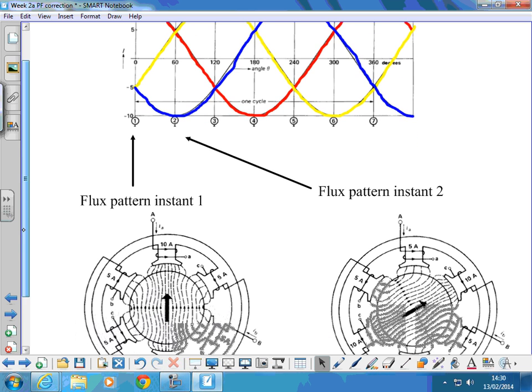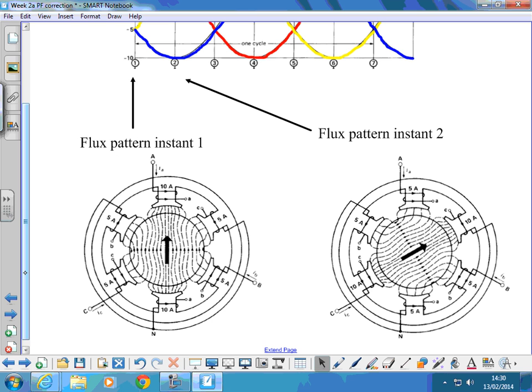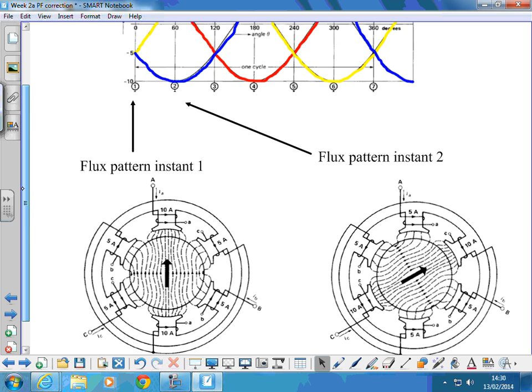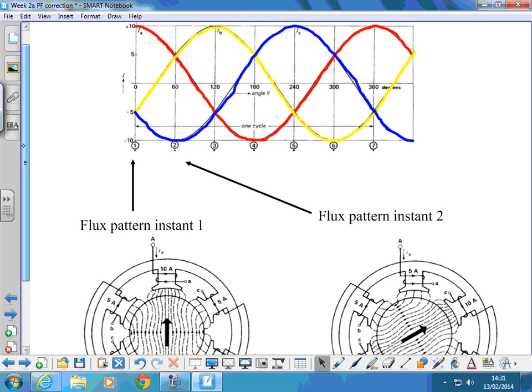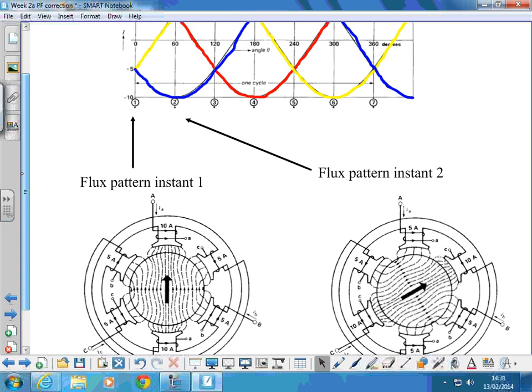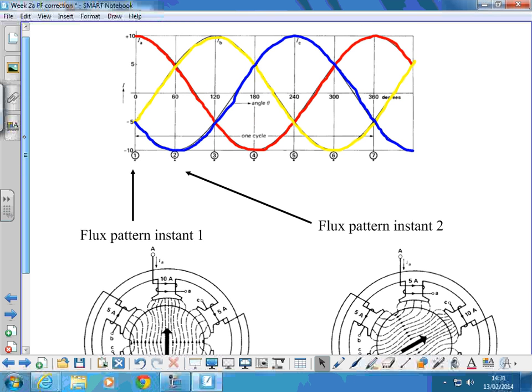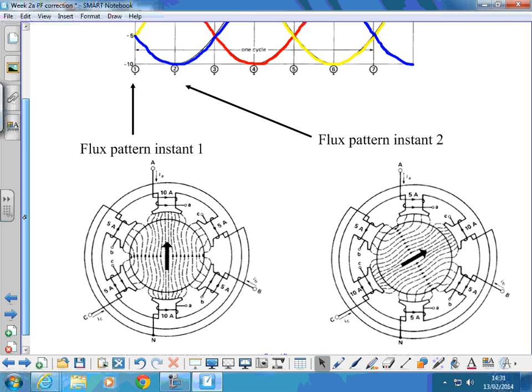So, in position 1 on the diagram, we've got a field. This is our rotor in the middle. That's what the field would look like, because the red phase is at plus 10 amps, yellow phase is minus 5, blue phase is minus 5.